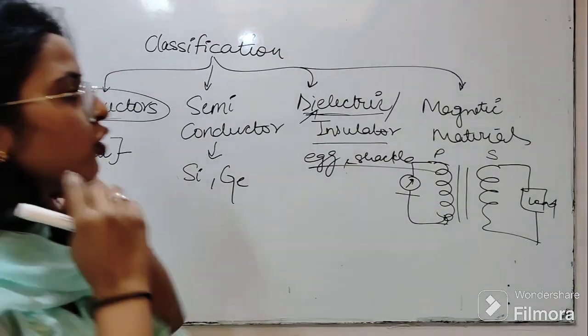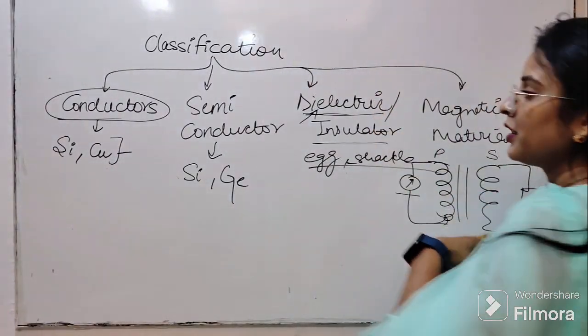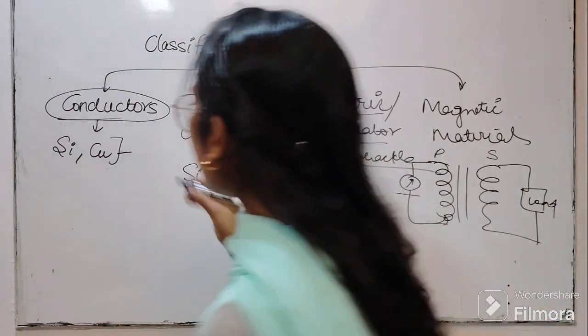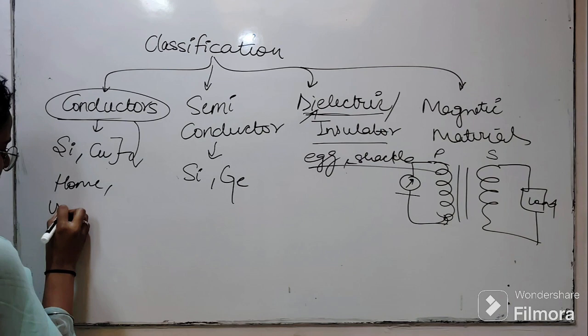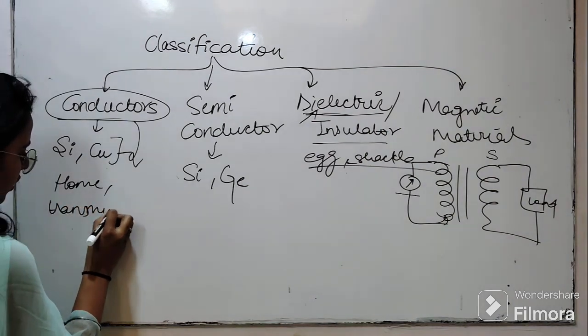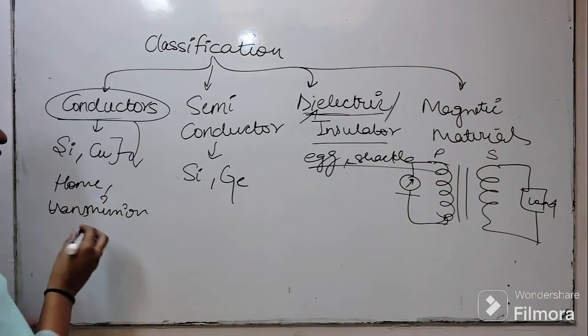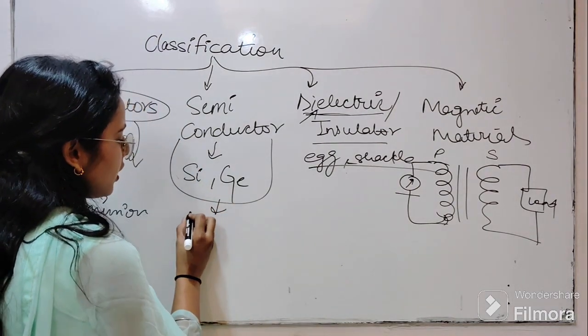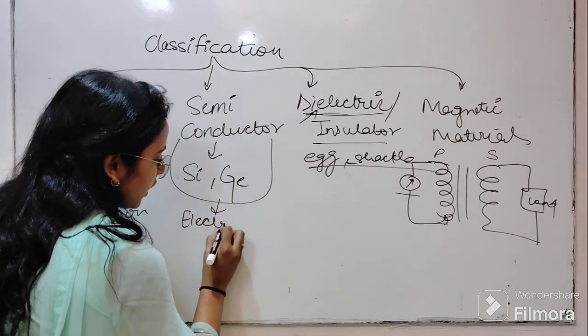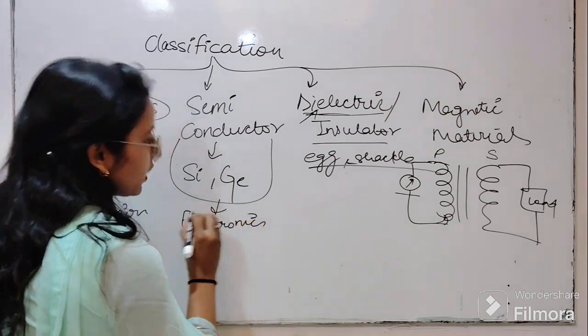The last thing that I forgot to let you know is the usage. Conductors, obviously we are using in homes or for transmission purposes. But semiconductors have a wide range of applications in the electronics field, in electronic circuits as well.